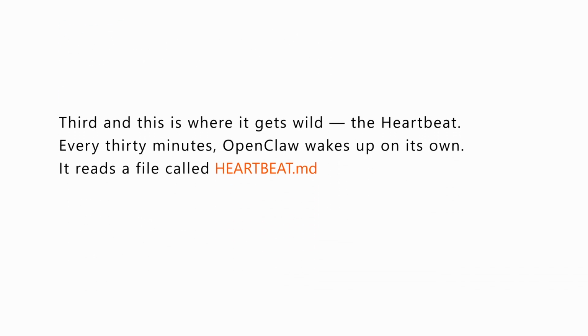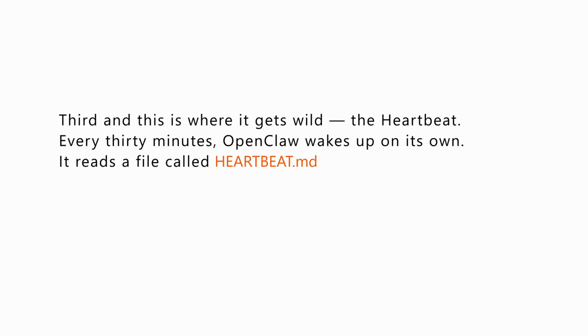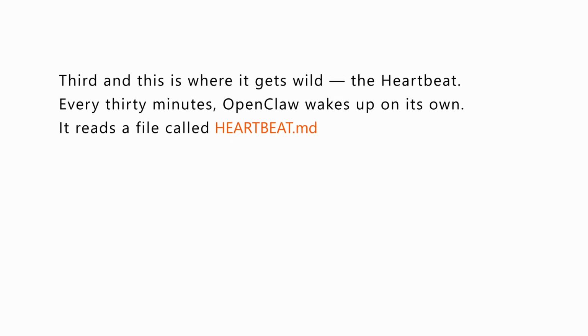Third, and this is where it gets wild, a heartbeat. Every 30 minutes, OpenClaw wakes up on its own. It reads a file called heartbeat.md. Basically, its to-do list. It decides whether it needs to do anything: send you a morning briefing, check your emails, monitor a price. It does this without you prompting it, proactively, while you are doing something else entirely.